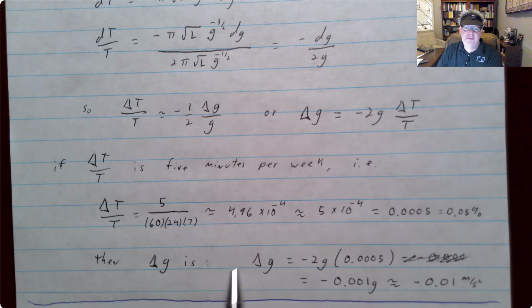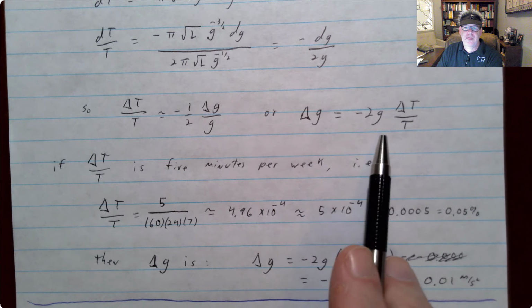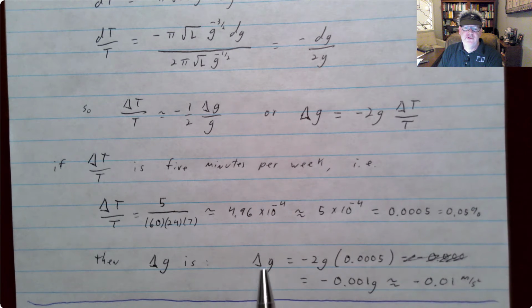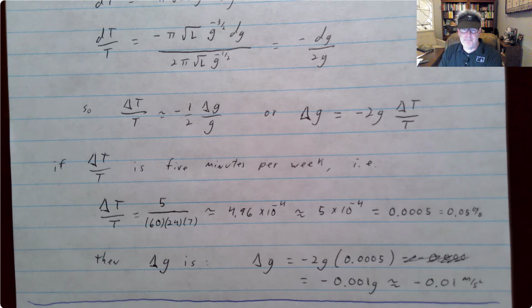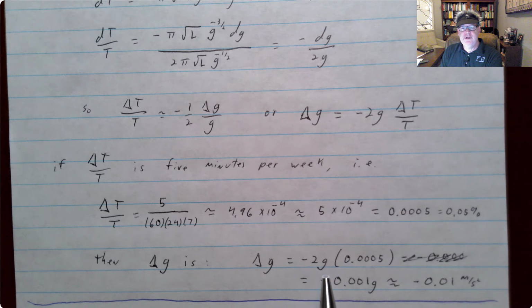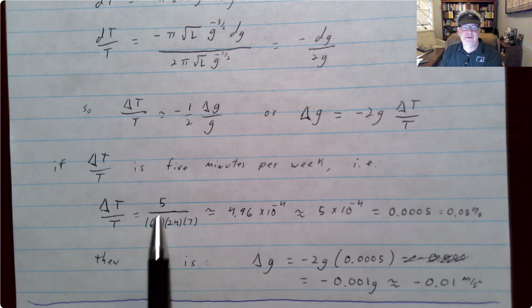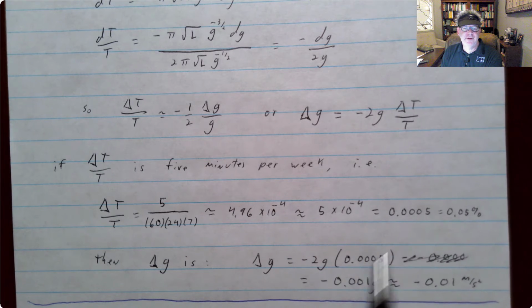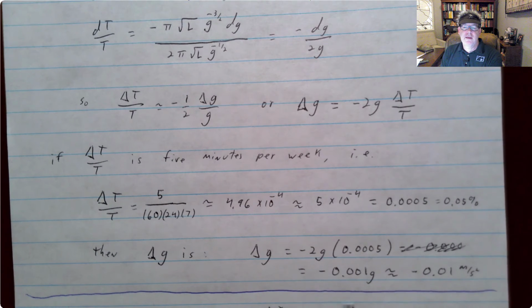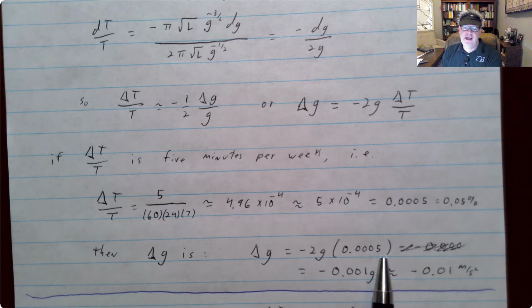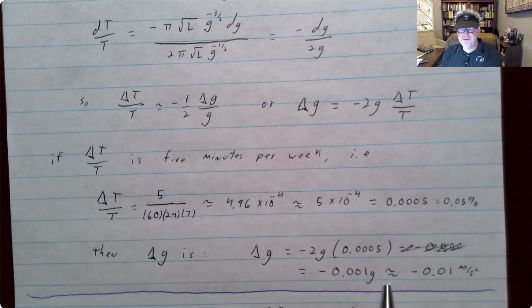If I plug that in here, the change in gravity there must be, because our clock's running slow by 5 minutes per week, negative 2g times this 5 times 10 to the negative 4. Multiplying the 2 times the 5, we get negative 0.001 times g. And g is roughly 10 meters per second squared.